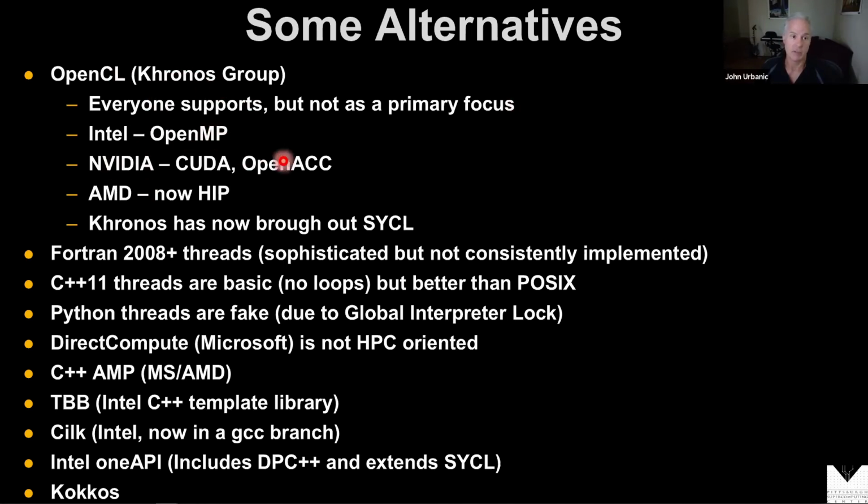And everybody supported it. But unfortunately, all of its primary supporters have now chosen other priorities. So Intel decided that they really cared more about OpenMP, although these days they've got some other things in the air. NVIDIA always had CUDA as a fallback. They didn't really care that much about it. And OpenACC has now succeeded CUDA and OpenCL as their preferred way of programming GPUs.